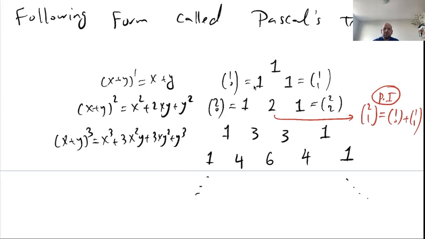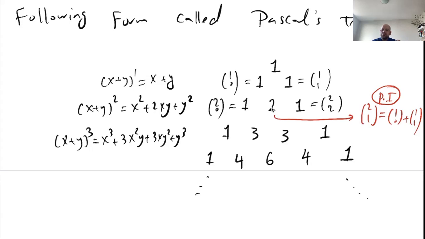Okay, so this row, see, are the coefficients for power 1, then power 2, power 3, and so on. Now for power 2, what are the coefficients? 2 choose 0, 2 choose 1, and 2 choose 2. 2 choose 0 and 2 choose 2, of course, are 1. 2 choose 1, well, of course, one way to find it is to use the formula for n choose k, and we'll see that's 2.